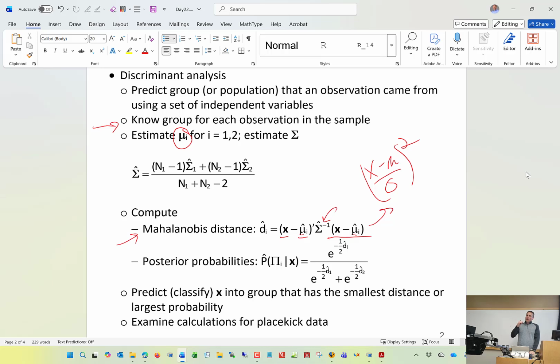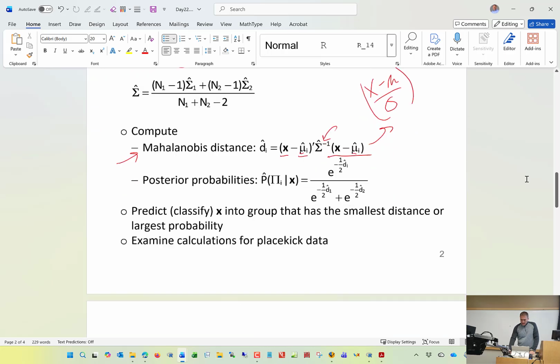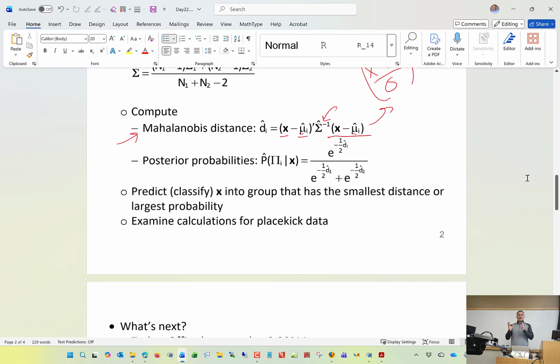Now, we can go one more step. We could take these distances and rescale them so that we always have a number between 0 and 1, just like a probability. Here's our little rescaling equation.